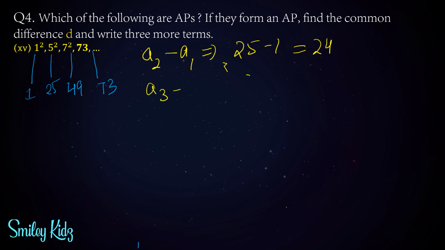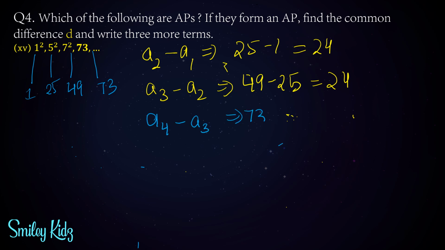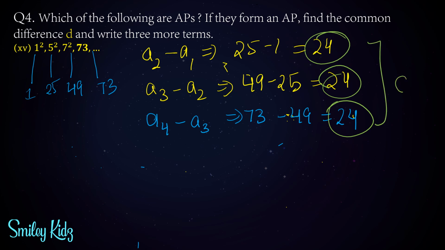Then A3 minus A2 is 49 minus 25, which is equal to 24. Then A4 minus A3 is 73 minus 49, which is again 24. Now have a look at the common differences. Are they same? The common difference is 24 in all the cases. Since the common difference is same, the given set of numbers is an AP.